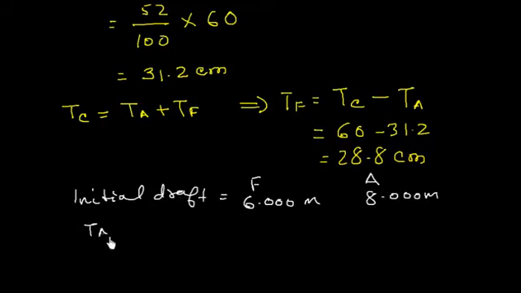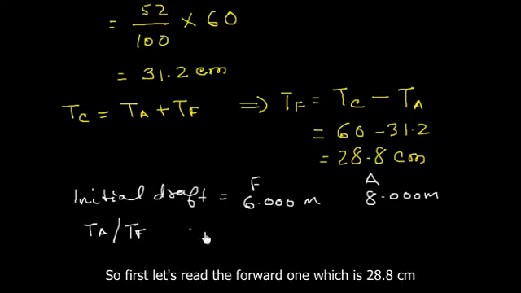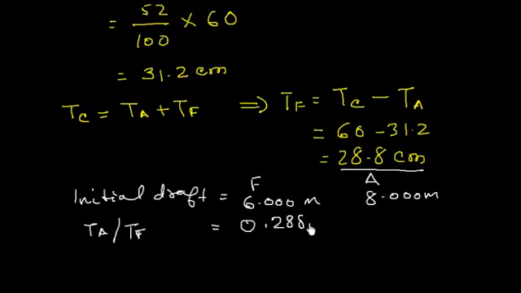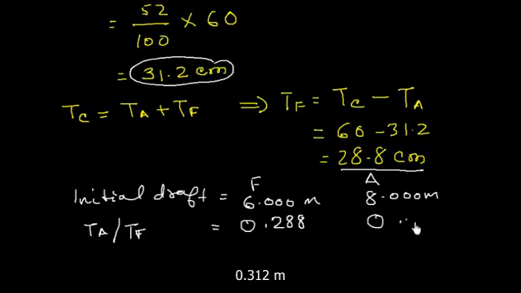Now change in the draft aft and change in the draft forward. So first let's write the forward one, which is 28.8 centimeter. So in meter is going to be 0.288. Similarly, this aft one is going to be 31.2, so we can write 0.312 meter.